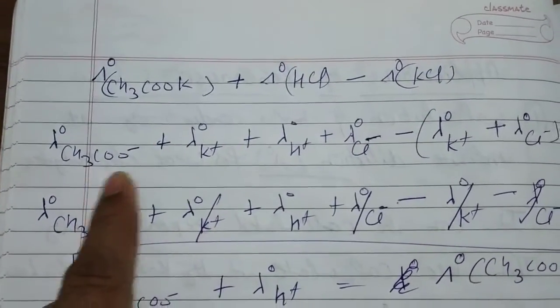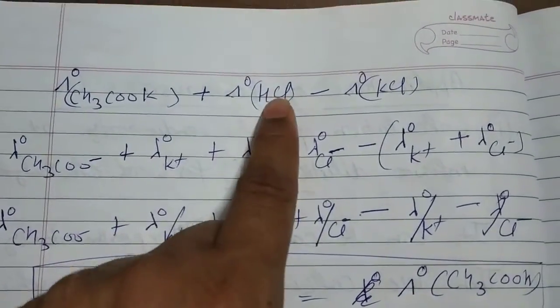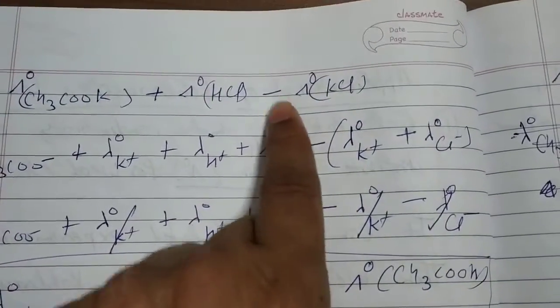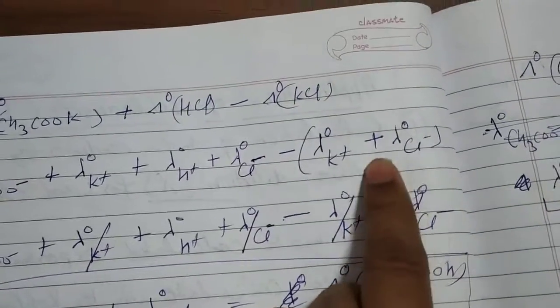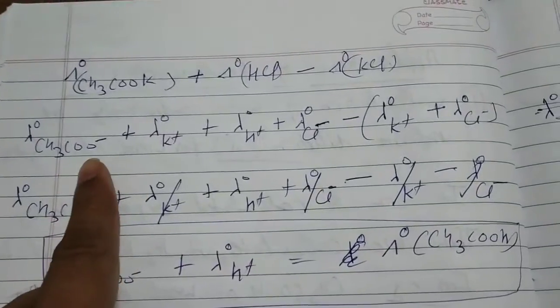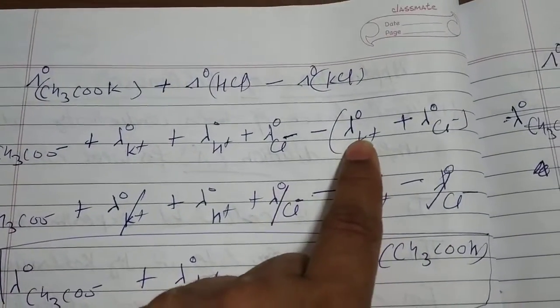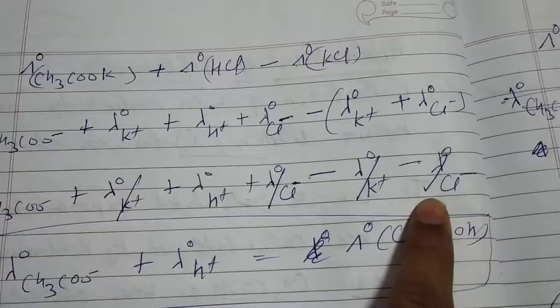Each value is equal to the sum of its two ions. We know that the minus sign is there, so that's why this will also be minus, and this will also be minus.